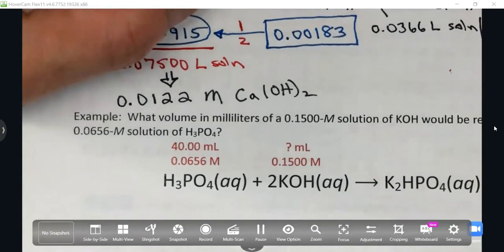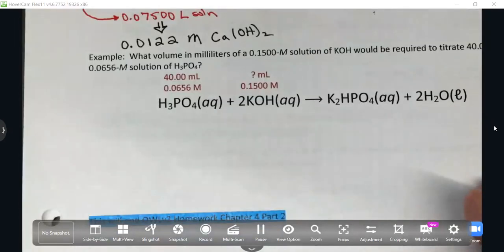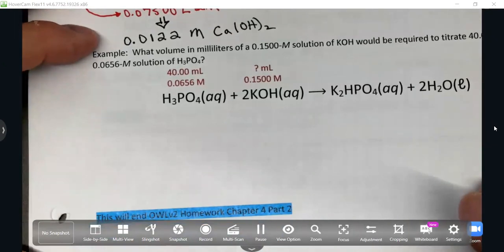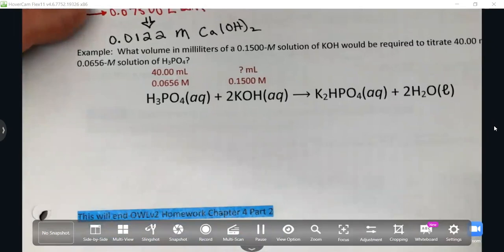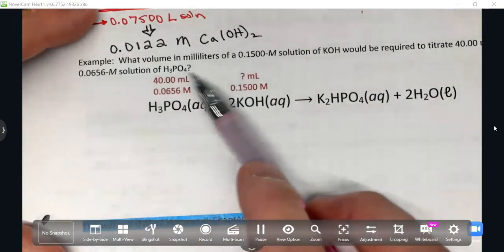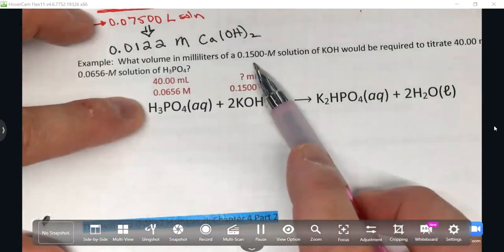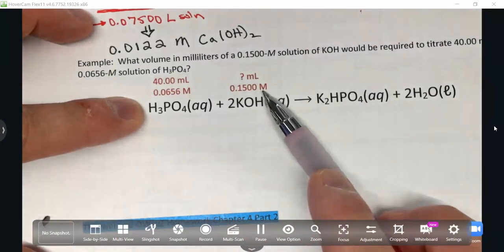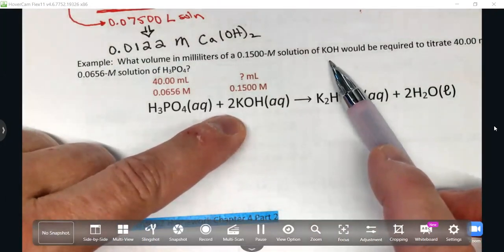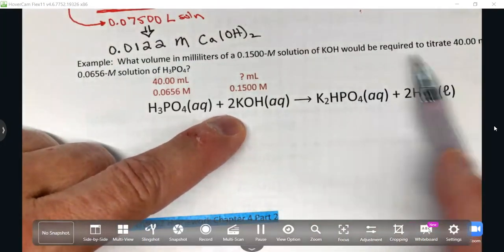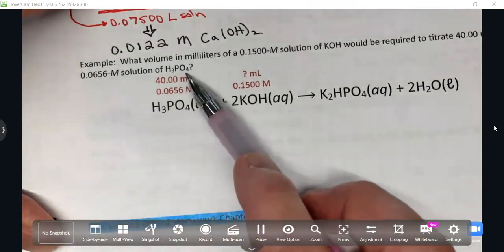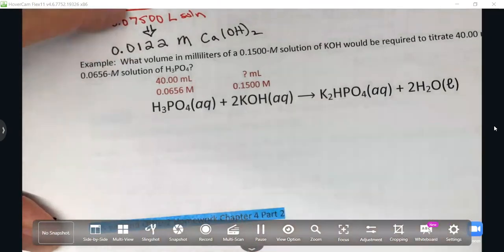Okay. And the third one here looks to be similar to the first one. So what do we got here? What volume in milliliters of 0.15 molarity solution of potassium hydroxide would be required to titrate 40 milliliters of a 0.0656 molarity H3PO4, phosphoric acid.